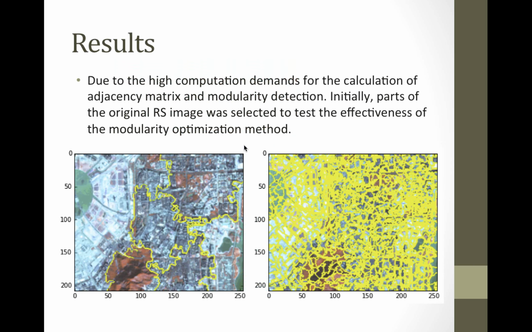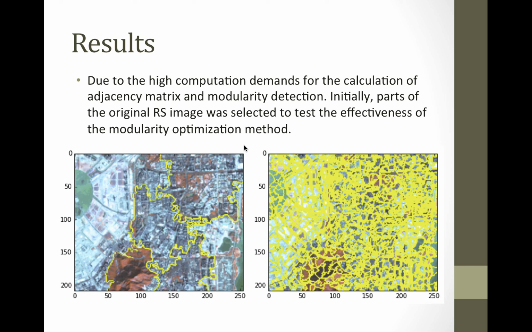Because of the high computational demands for calculating the adjacency matrix and modularities, initially part of the image was selected, and my proposed method was applied to test the results. The image on the left is the segmented result from the superpixel algorithm.